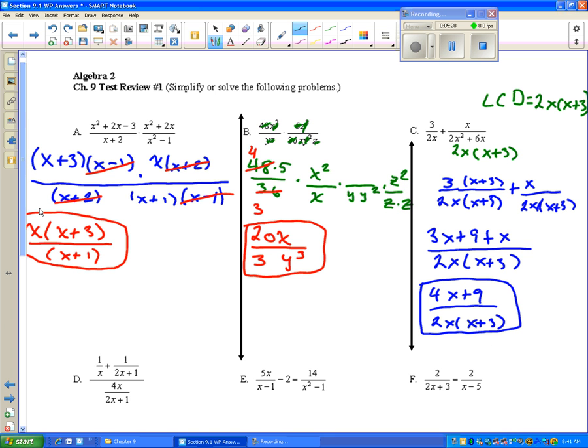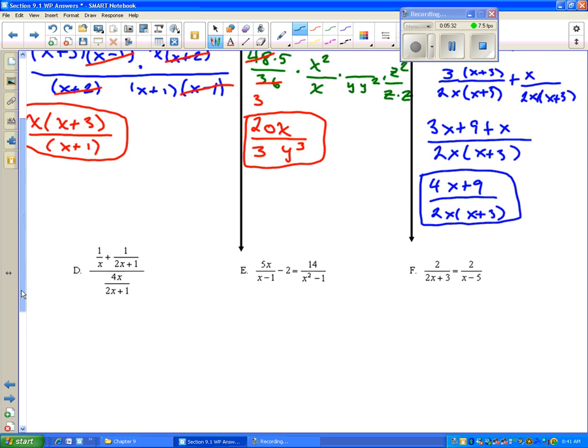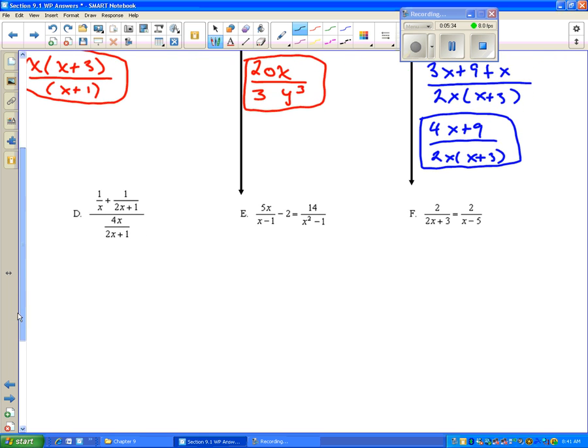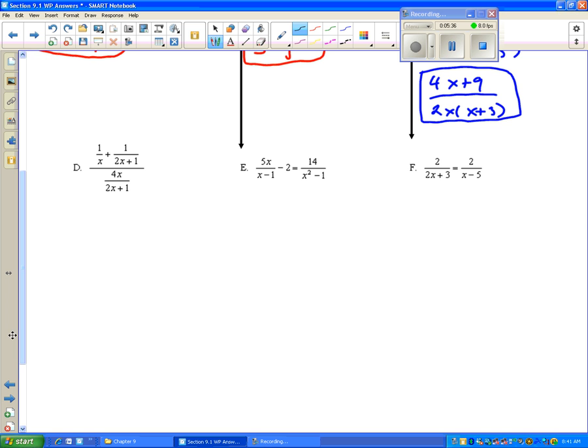Letter D, E, and F, I want to find a least common denominator, but I don't want to keep it. I want to use it to cancel out all the denominators. So let's go ahead and figure out that my LCD is going to be, for this term, an x is that factor. And for this term, my factor for my LCD is going to be 2x plus 1.